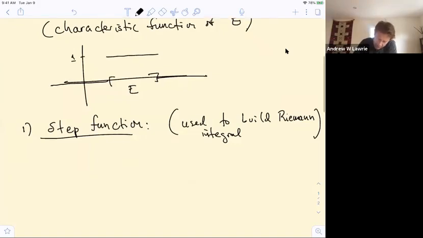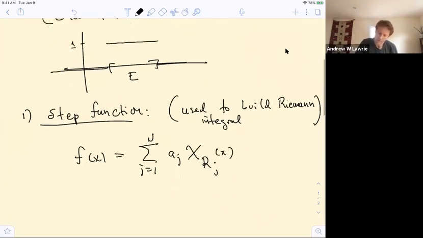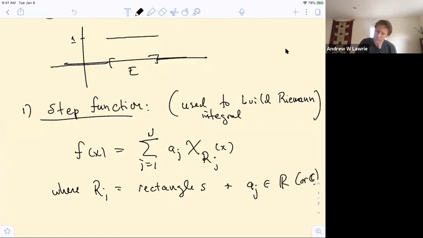So these are given by a function f of x equal to the sum from j equals 1 to n, for some number n, of a_j times the characteristic function of R_j of x, where R_j is a rectangle, and the a_j are constants.